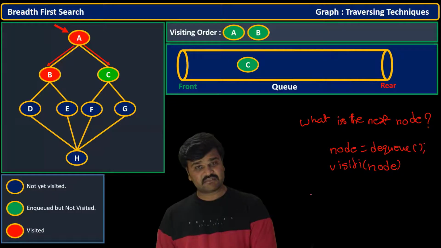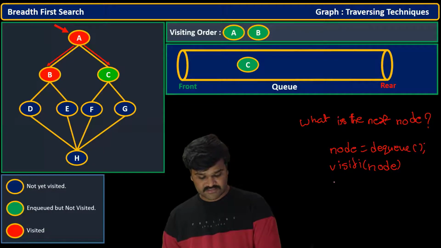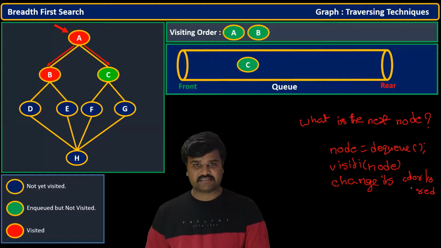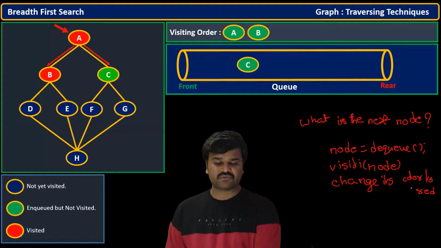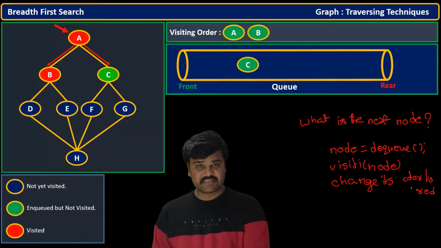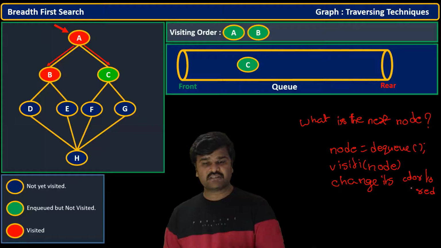Now after visiting, what do we have to do? Change its color to red because we visited. Then after that, identify blue colored vertices.